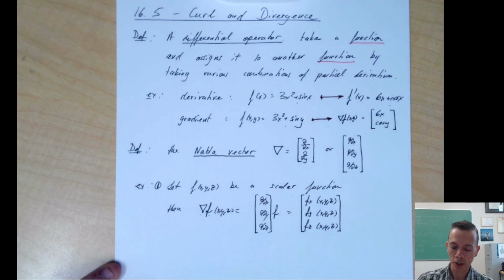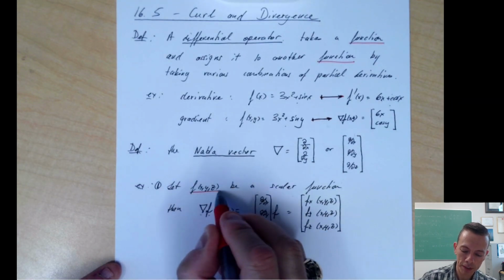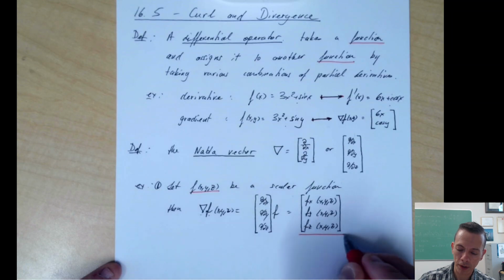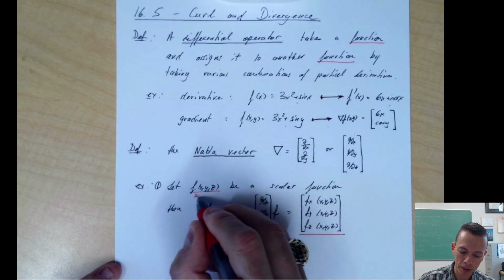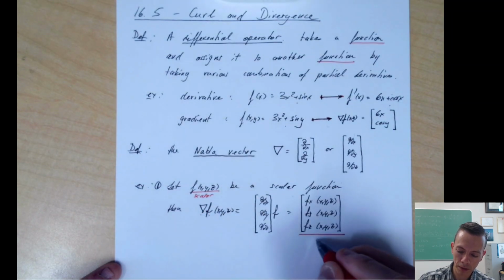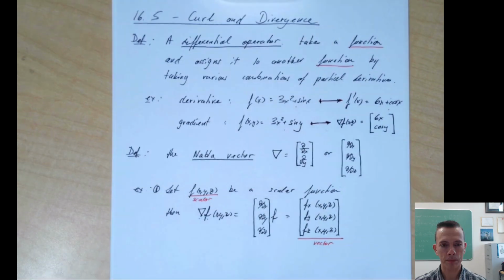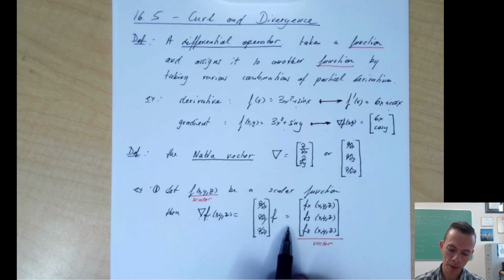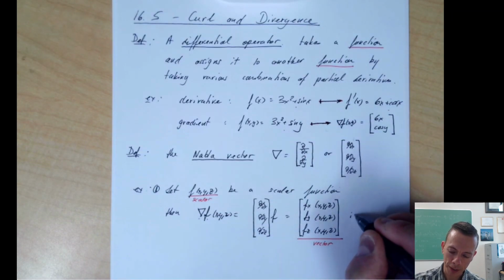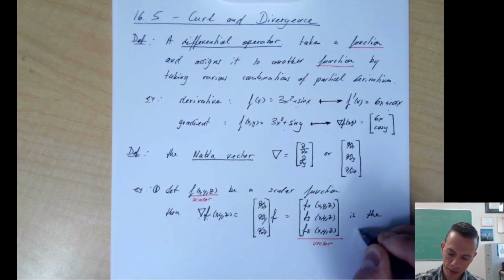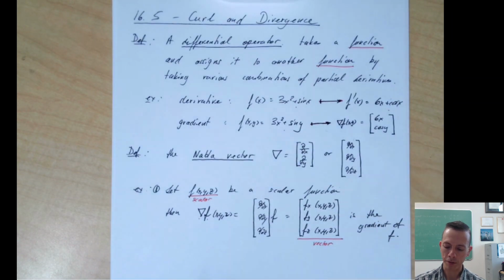So in this case, you start with a scalar function, and you end up with a vector field. So this vector is the gradient of f.